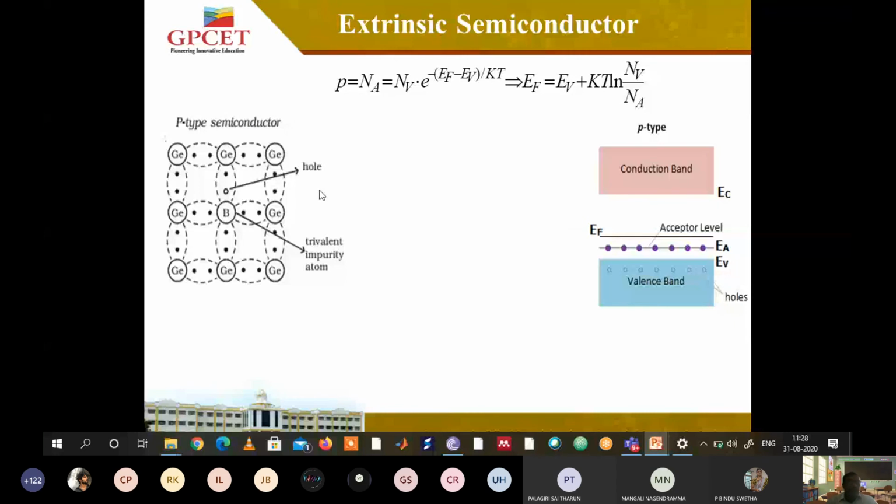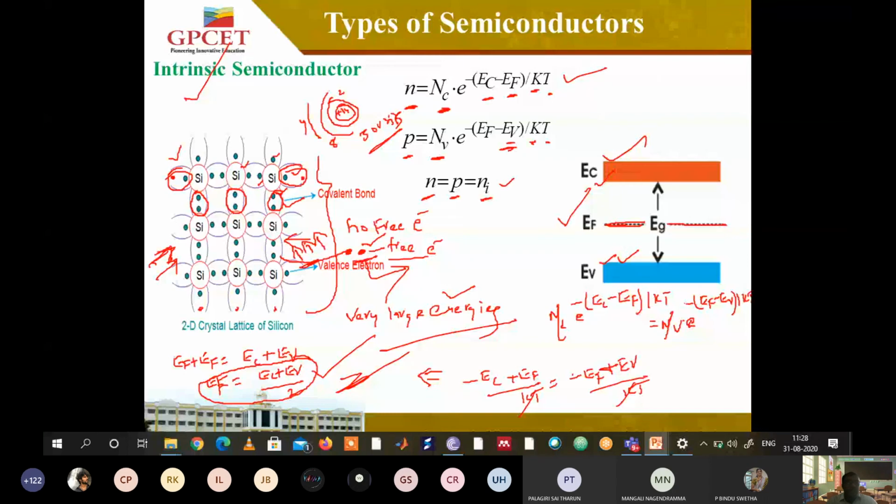Now you can see here a germanium atom with 4 electrons at the outermost orbit, and we are adding certain energy externally to this germanium atom. Previously, you can see the intrinsic semiconductor structure, where all silicon atoms are present and there are no external atoms. Here silicon, silicon, silicon.